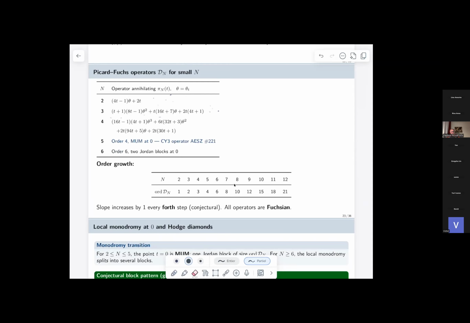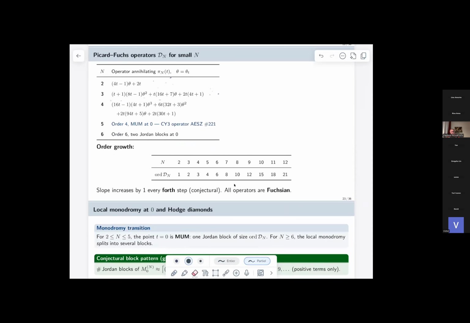Interesting that for the case n equal to 5, the corresponding operator, which is too long to be written here, it is possible to find in the catalog of Calabi-Yau operators. These Calabi-Yau operators relate to Picard-Fuchs of a Calabi-Yau threefold.